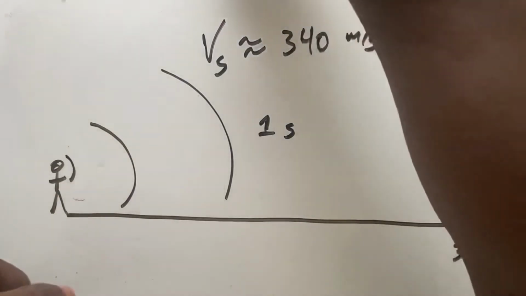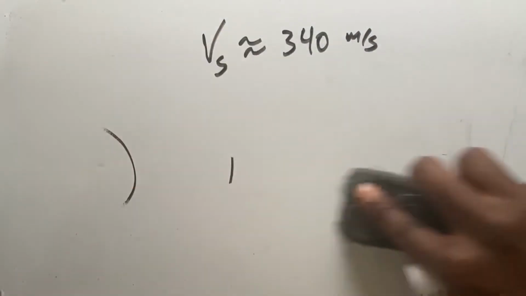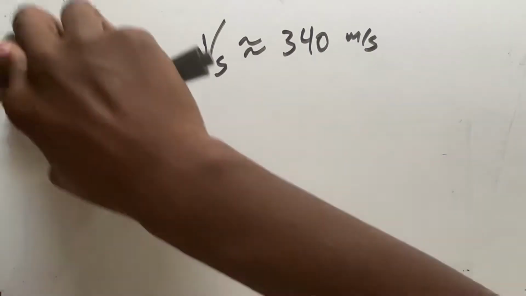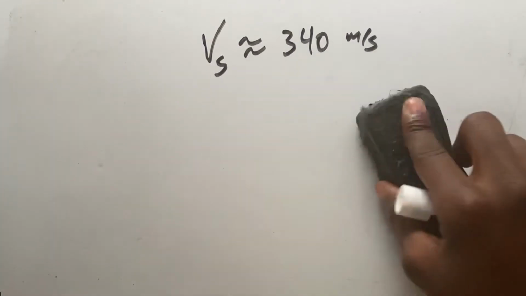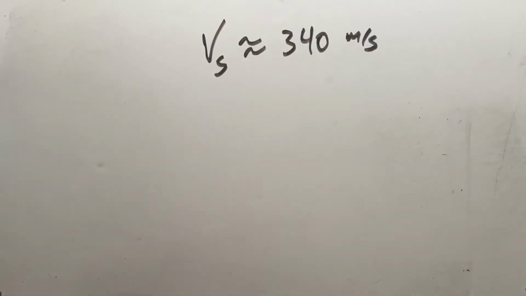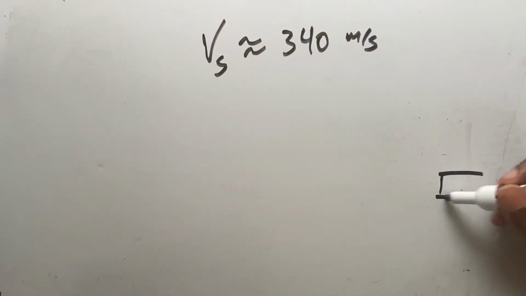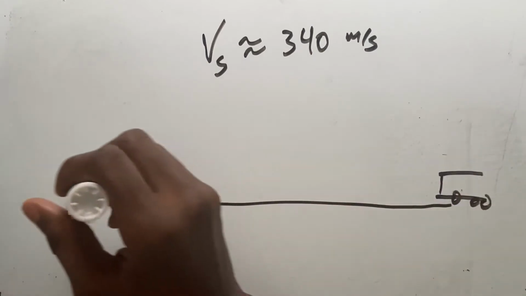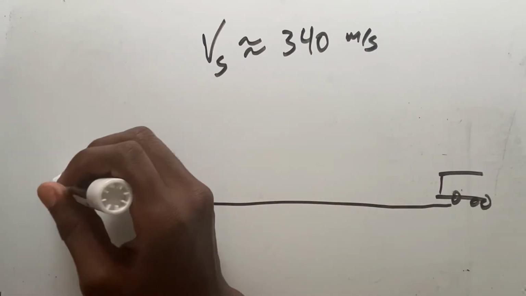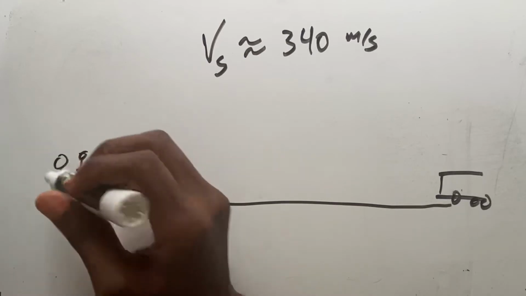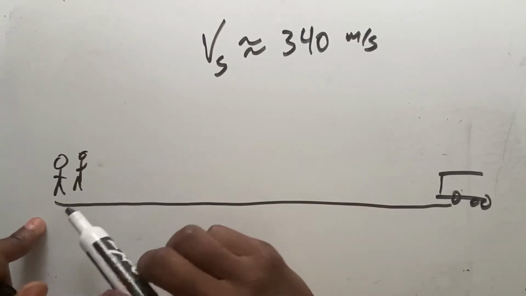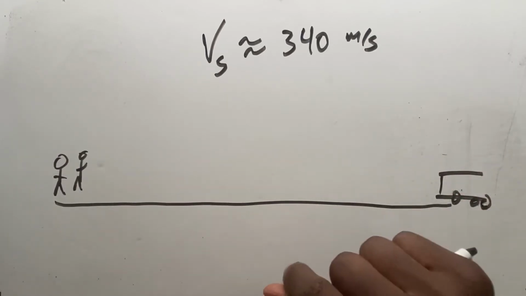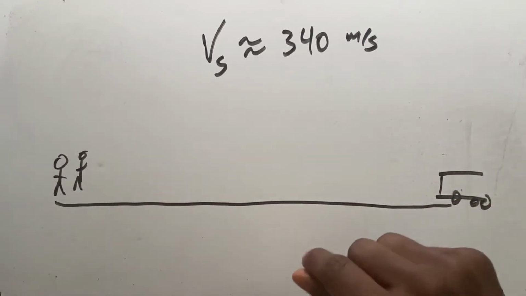So you might have heard people saying, if you're on a railroad track and you don't see a train coming, here's the railroad track way over here, and here's you and your friend. Y'all are both walking along the track, but you can't see this train that's way far away. So you can't see it, nor can you hear it.